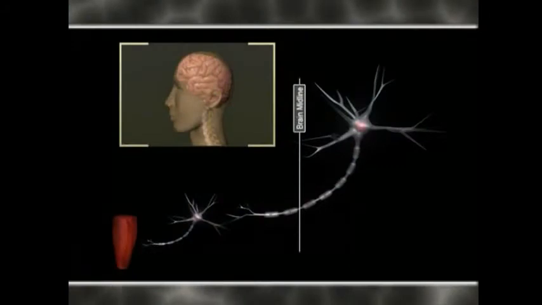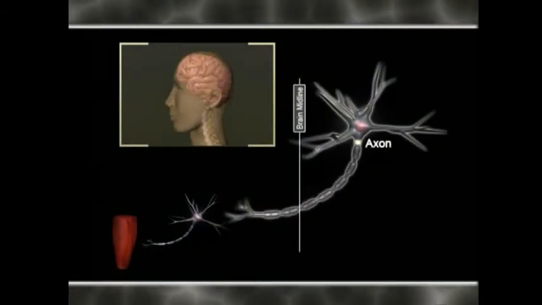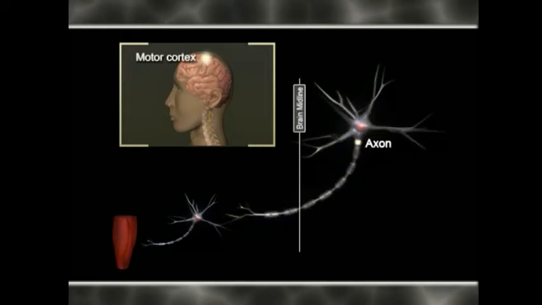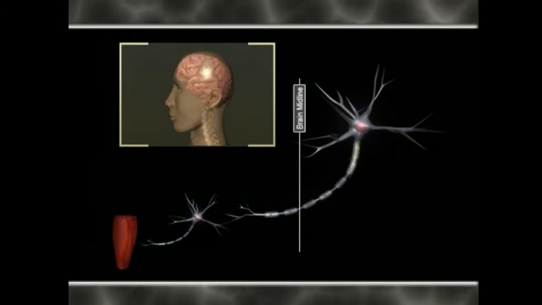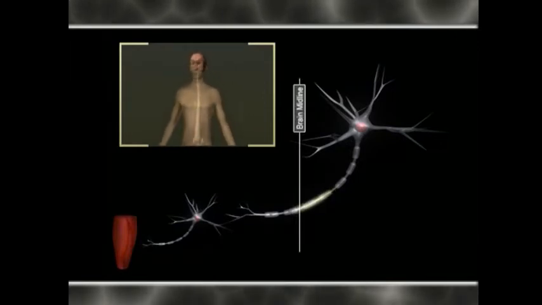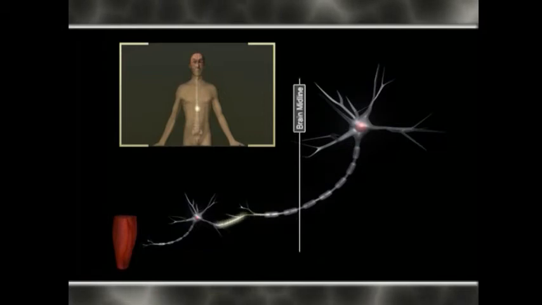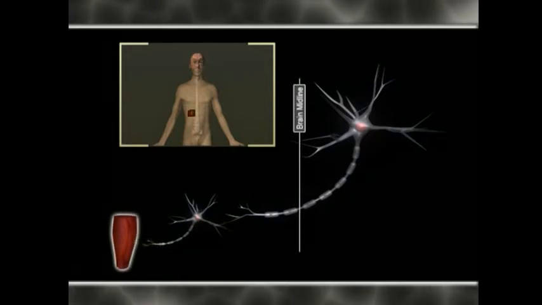Why does that occur? Well, if we look at this again, we see here that the axon that leaves this neuron in motor cortex, in either layers 5 or 6, will leave these neurons and come down through the brain, down through the brain stem, and in the lower medulla will cross to the other side of the body and enter the spinal cord at a particular level to make connection with neurons in the spinal cord. And it's the neurons in the spinal cord that go out to the muscle on that same side.